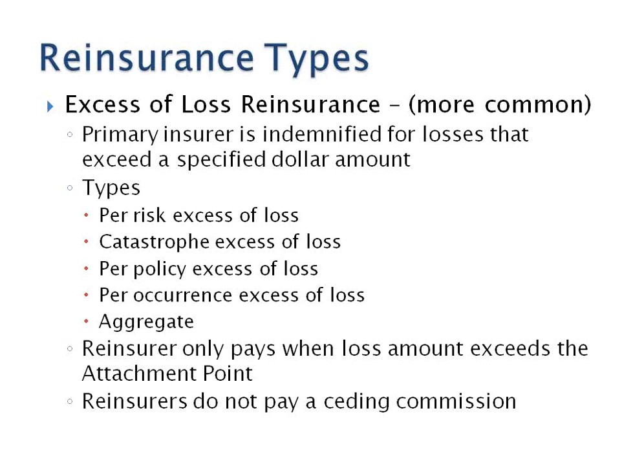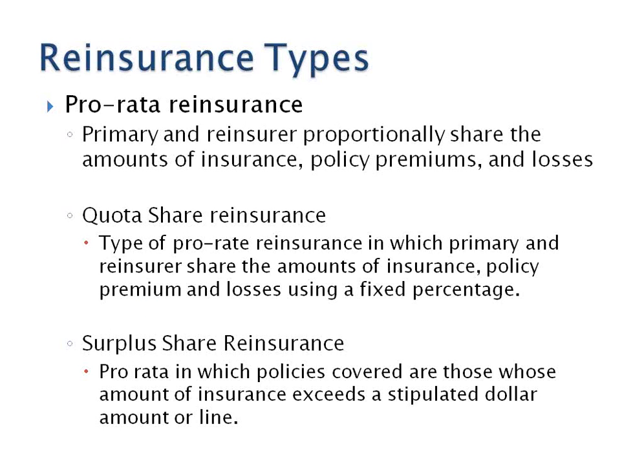Under this type of policy, the reinsurer only pays when the loss amount exceeds the attachment point, and we'll show the attachment point. And reinsurers do not pay a ceding commission. That's one thing I forgot to mention earlier: under pro rata insurance, there's a ceding commission, which basically means the reinsurer helps pay the commission to the person selling the policies, so that it doesn't take the profit out of the primary.